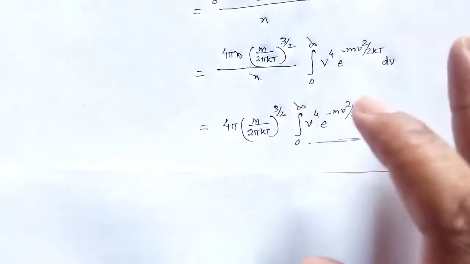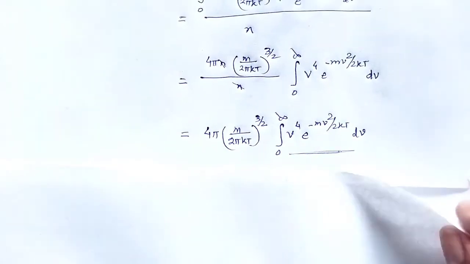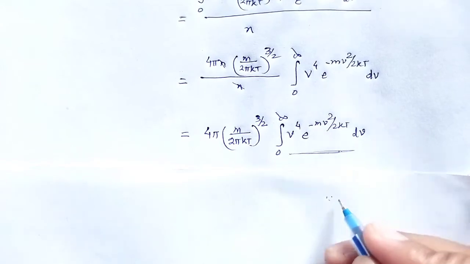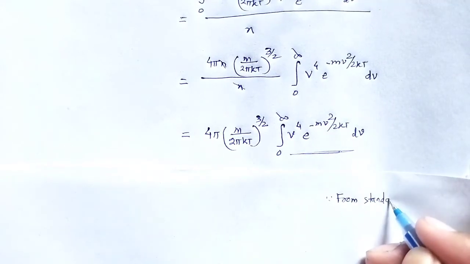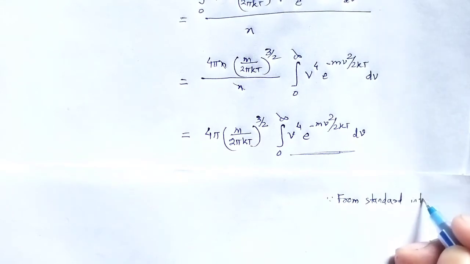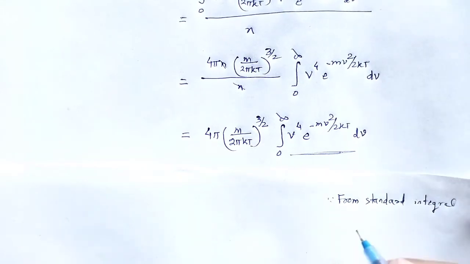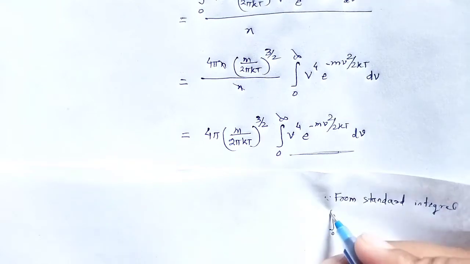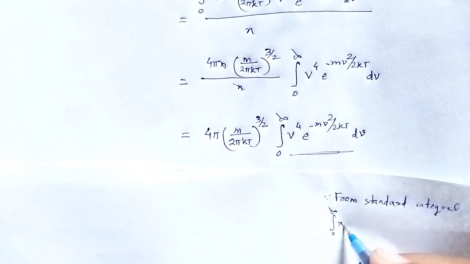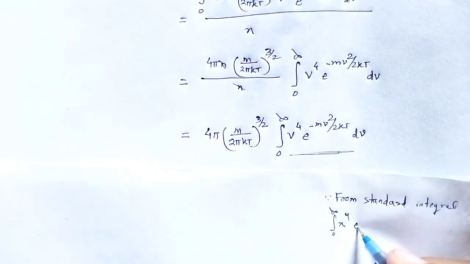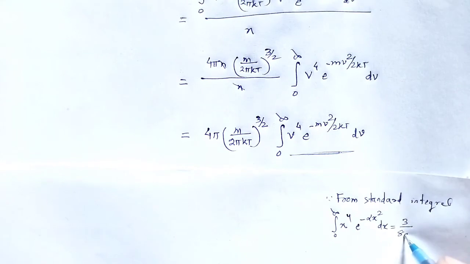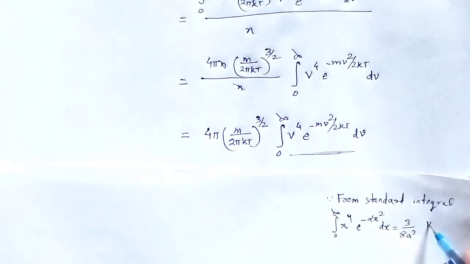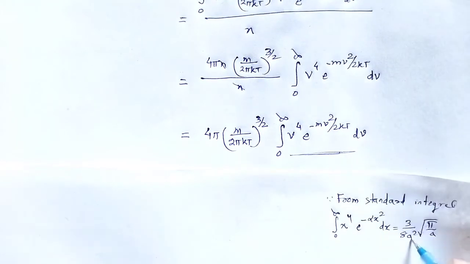Using the standard integral, that is integration from 0 to infinity of x to the power 4 e to the power minus alpha x square dx is equal to 3 by 8 alpha square, under root of pi by alpha.